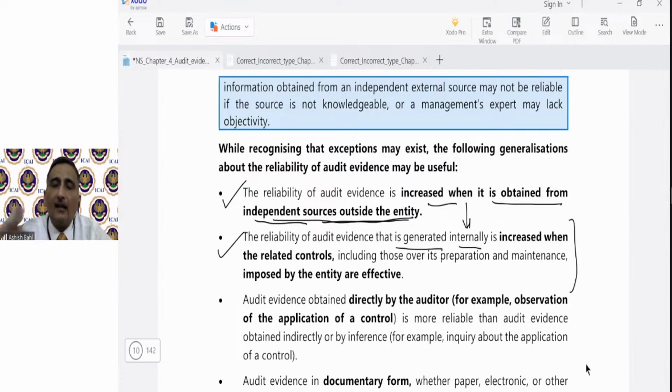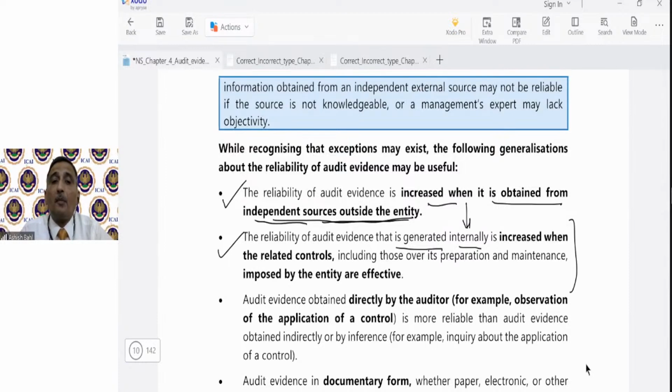So I have told you just now, that when the controls function satisfactorily, control risk is low, then the reliability of audit evidence which is generated internally increases. The auditor can place more reliance. He can trust such evidence more when controls are operating satisfactorily, when control risk is low.